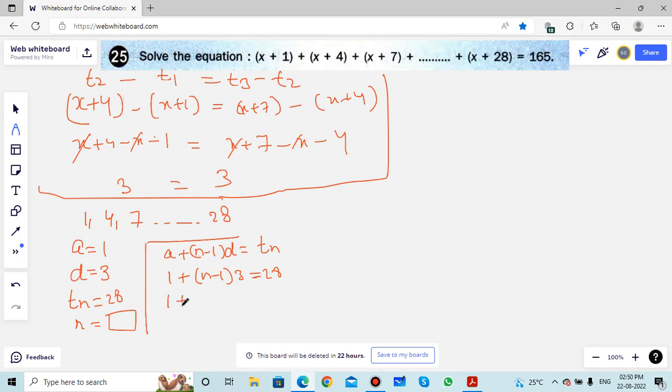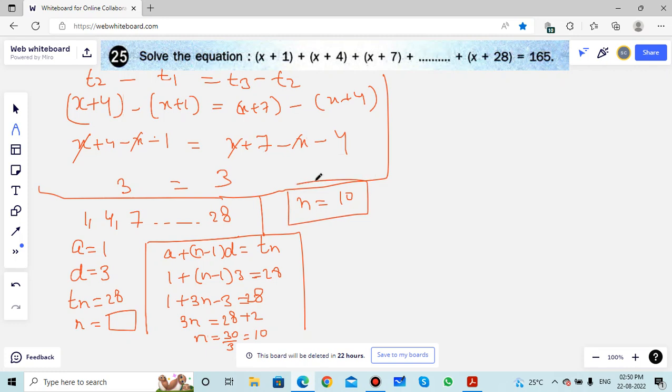So 1 plus 3n minus 3 is 28. Okay, so 1 minus 3 is minus 2, so 3n is equal to 28 plus 2, so n is equal to 30 by 3, which is 10. So we have got n as 10. The 10th term is 28.